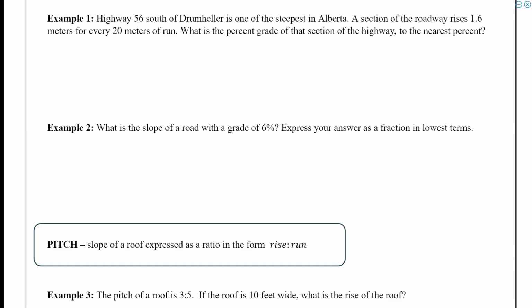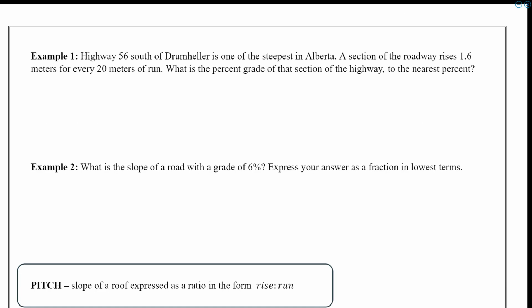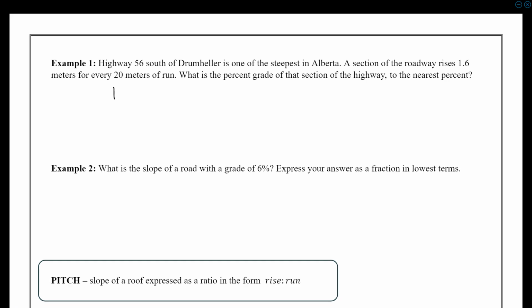So Highway 56 on Hooper Highway. This is a road I used to drive quite often. I used to live out there. And there's a section of roadway that rises 1.6 meters for every 20 meters of run. Okay, welcome, Paul. So what would be the percent grade? First of all, rise is 1.6 meters for every 20 meters of run, so we're talking about rise over run.